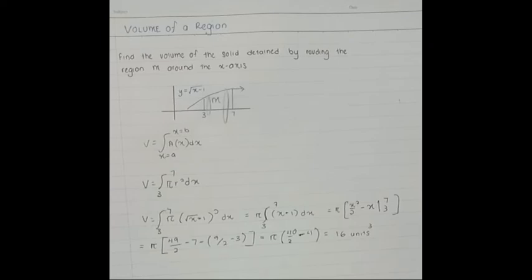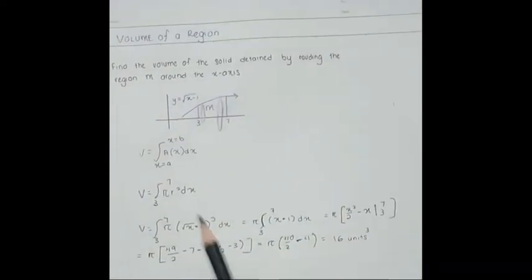If you look closely, you can see that the radius of this disc is consistent. The radius is from the x-axis, which is in the middle, all the way to the blue line, which is y equals the square root of x minus 1. So that height is y, which is the square root of x minus 1.